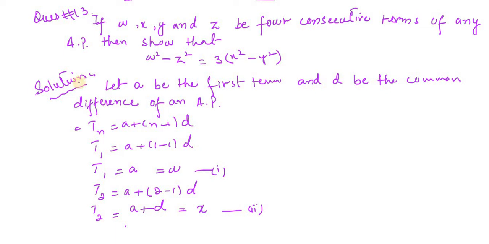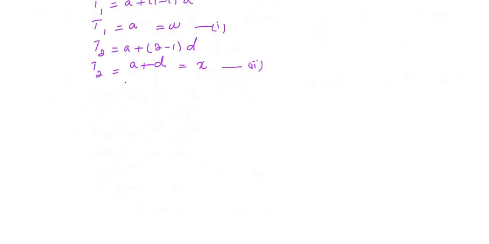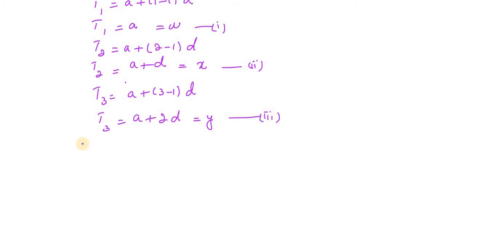Similarly, the third term is A plus (3 minus 1) of D. So T3 is equal to A plus 2D, which is equal to Y. This we say is equation number 3. And the fourth term is A plus (4 minus 1) of D. The fourth term is A plus 3D, which is equal to Z.